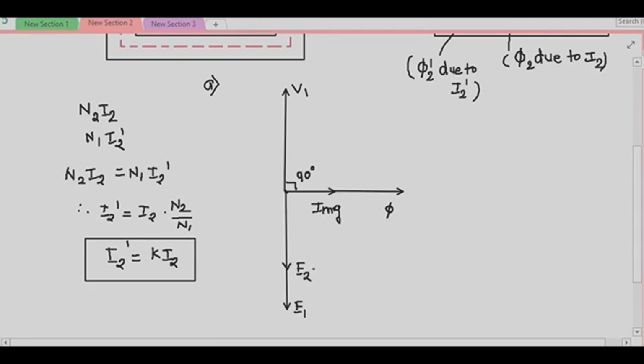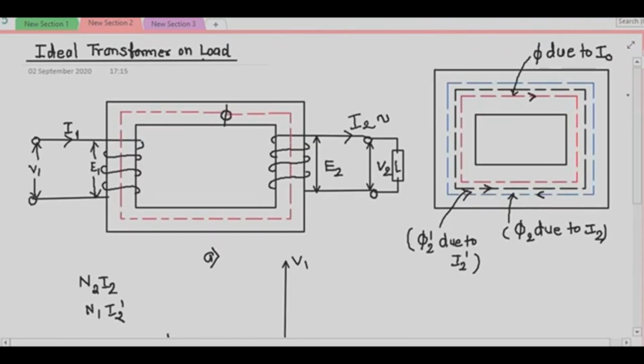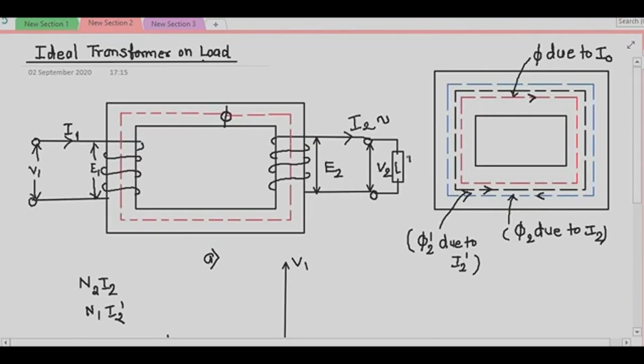Now, as there are no losses, we have said E2 is approximately equal to V2. What assumption have we made in the ideal transformer? There are no losses. So my E2 is equal to V2, right? But students, we have assumed an inductive load, that the load connected across this is an inductive load.